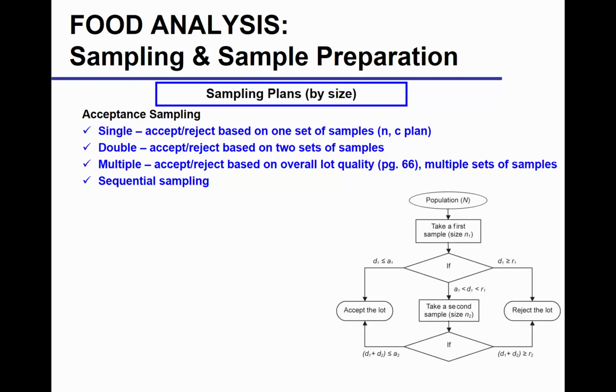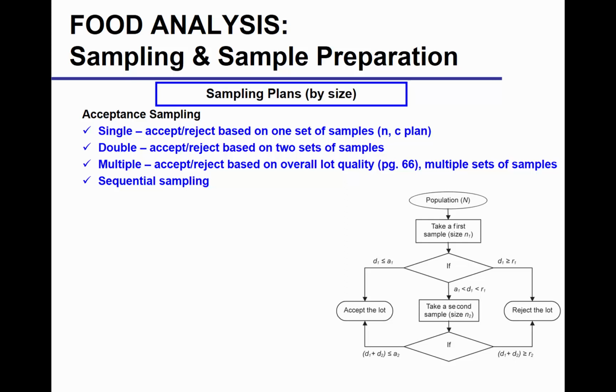Double, here's an example of double accept or reject. So in this case, you have your population. You take your first set of samples. That means, let's say, 10 samples you decided to take. And then the number of defects, D stands for number of defects. If the number of defects is less than a particular standard that you have or a code, then you would accept the lot and move on. If the number of defects is greater than a particular number of defects that you set for yourself or by regulation, then you would reject.